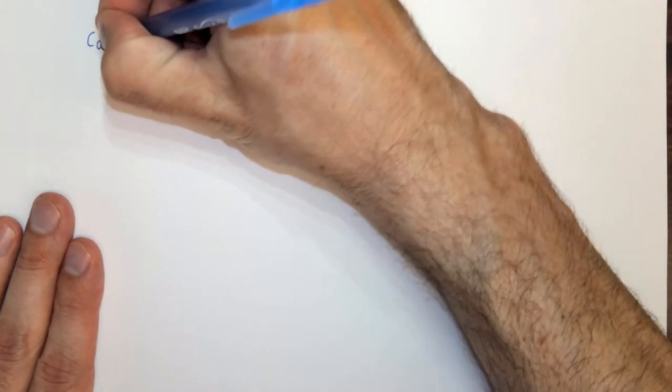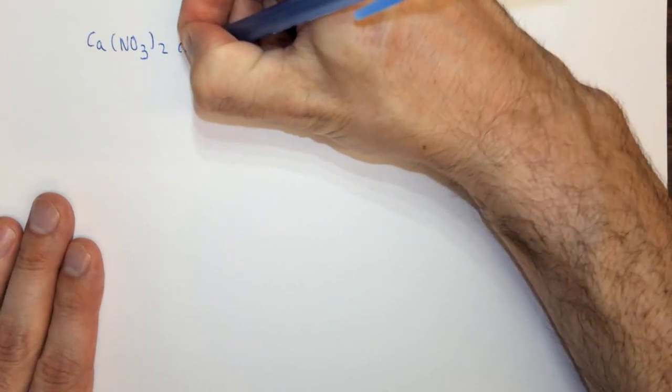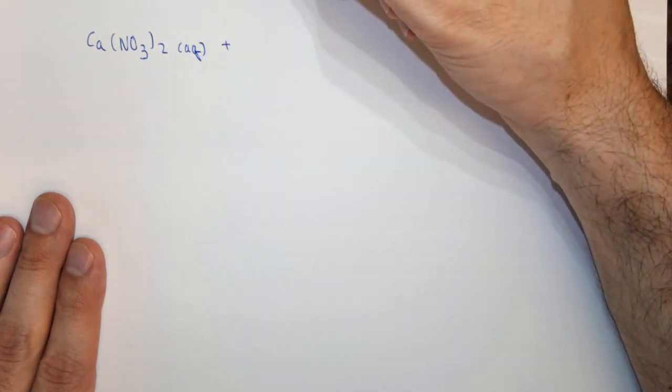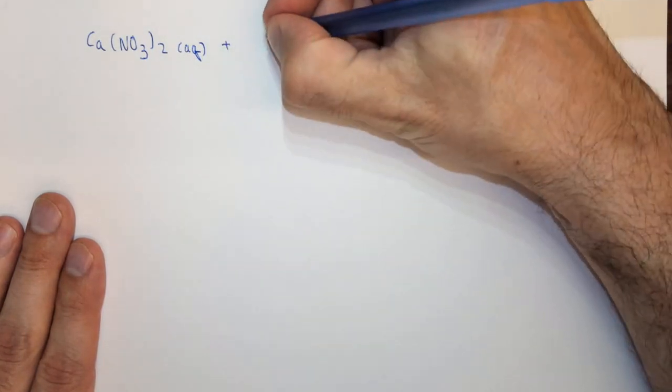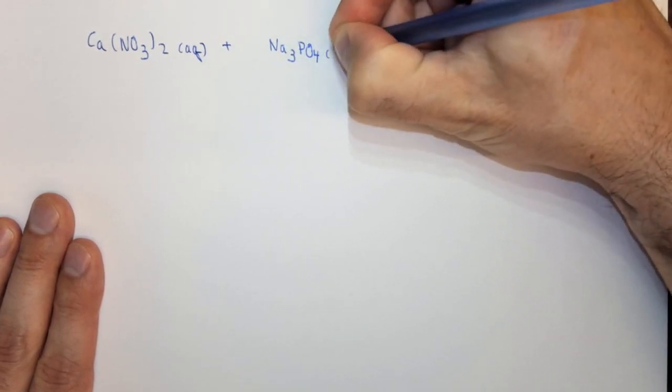Let's do another example of this. Let's look at calcium nitrate, Ca(NO3)2 aqueous. Nitrate salts are always soluble, so this is aqueous, plus sodium phosphate, Na3PO4, aqueous.